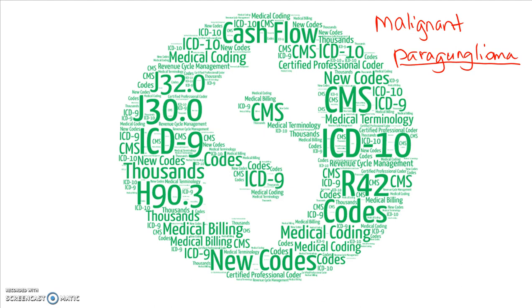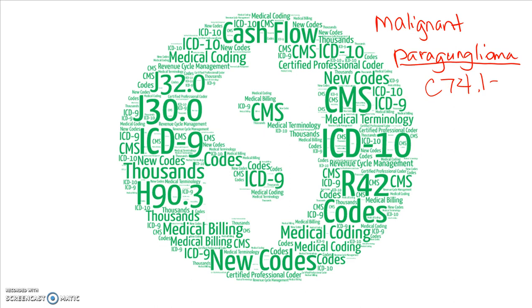Once you get there, it's going to give you a code of C74.1 with a dash. Now let's just say that you stop here and you add C74.1 to your medical claim. If you did that, you would not be coding at the highest level of specificity.